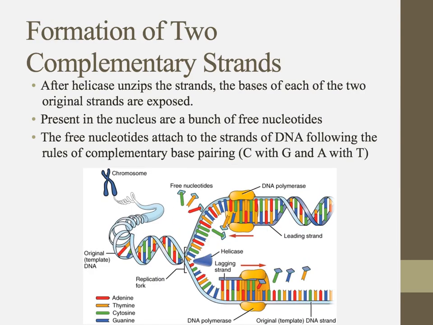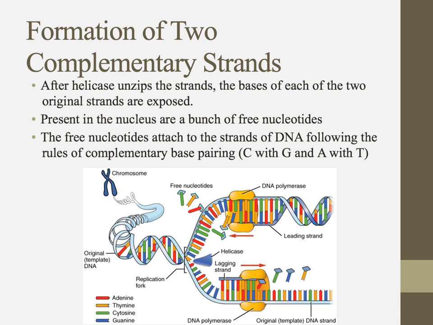So after those two strands are separated, what that's going to do is it's going to leave us exposed strands here. Okay, now present in the nucleus again are a bunch of these free nucleotides, and those free nucleotides are going to be added to this exposed strand using the rules of complementary base pairing.